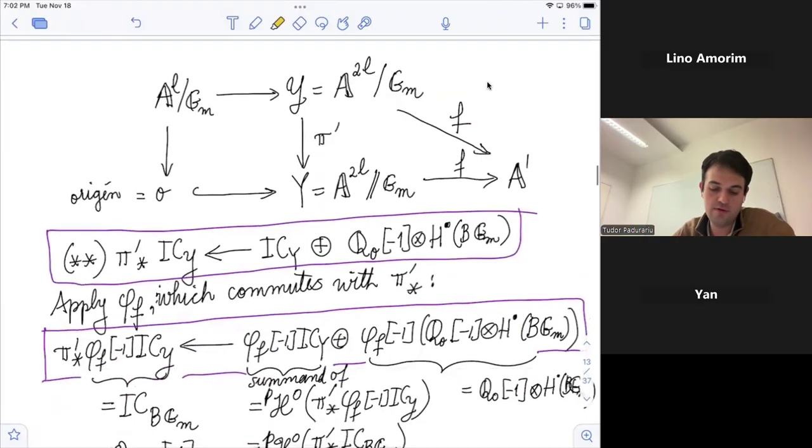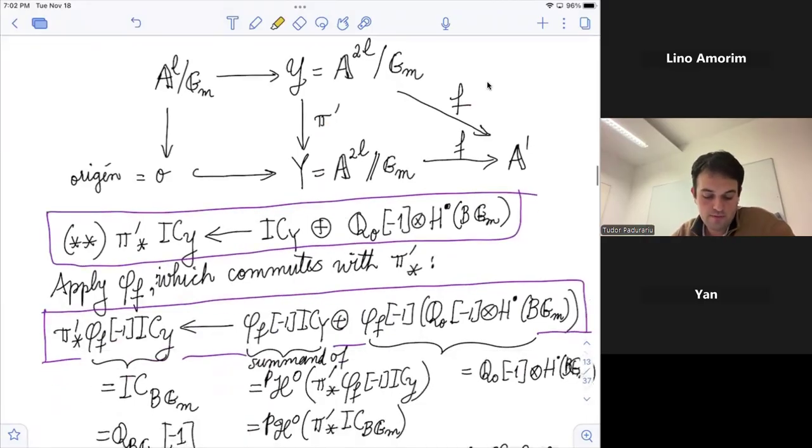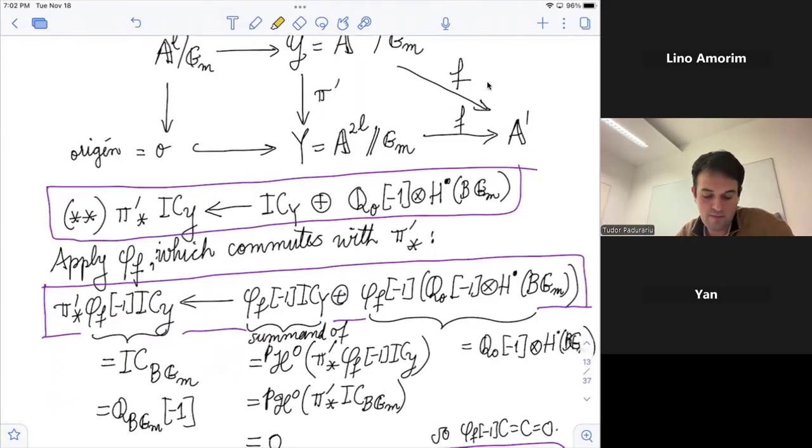So here I rewrote the diagram. This is star. And now we apply vanishing cycles, and use the fact that vanishing cycles commute with push forward along good moduli space maps. So we need to compute the left-hand side.